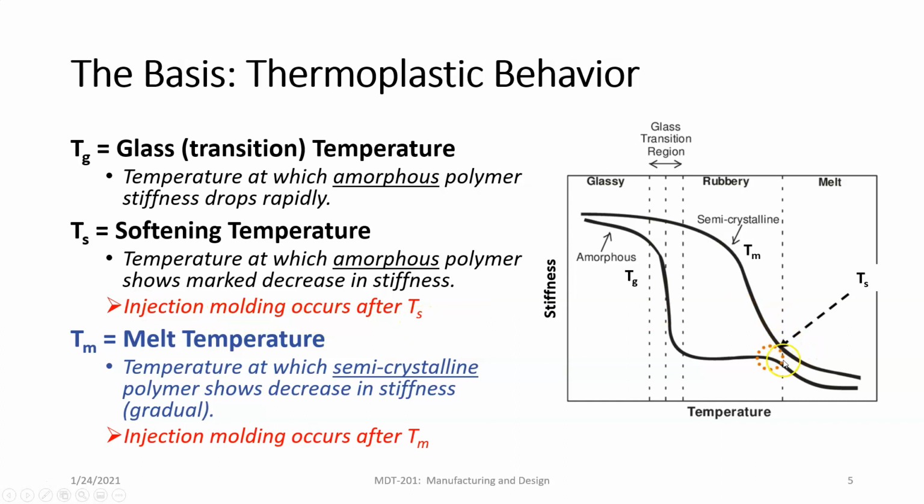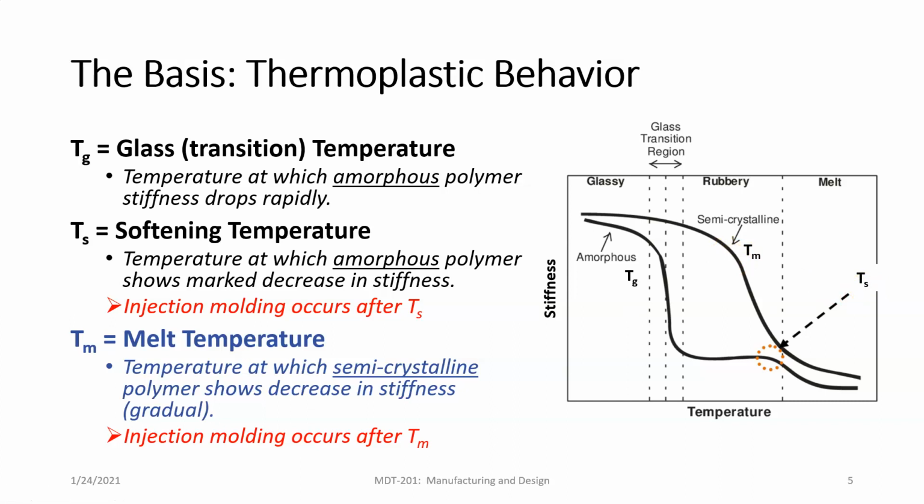Okay. So when we talk about injection molding of thermoplastics, injection molding is going to occur after the T softening. So we have to heat up the amorphous plastics to this higher temperature, right? For the semicrystalline materials, injection molding occurs after T melt, or the melting temperature. So you'll notice that the melting temperature is going to be lower than the softening temperature for the amorphous.